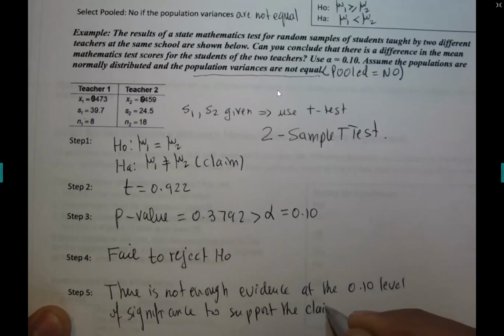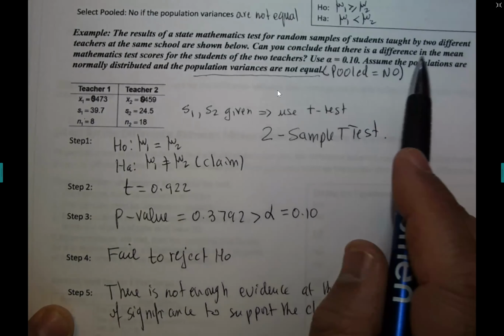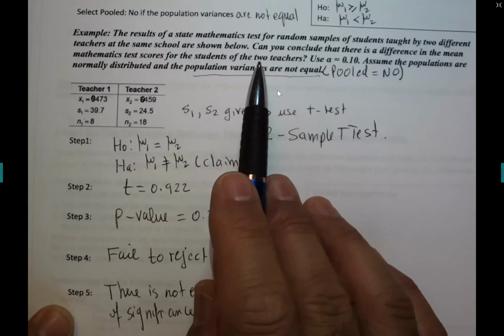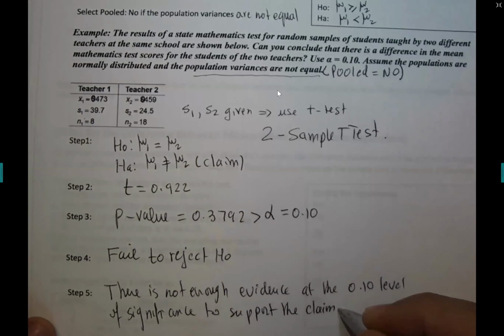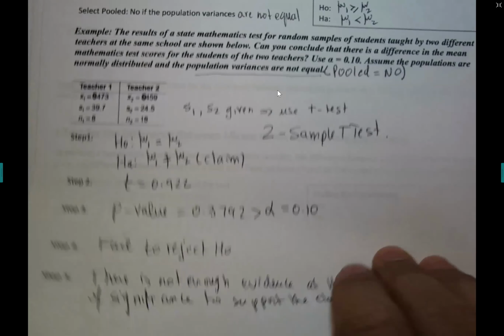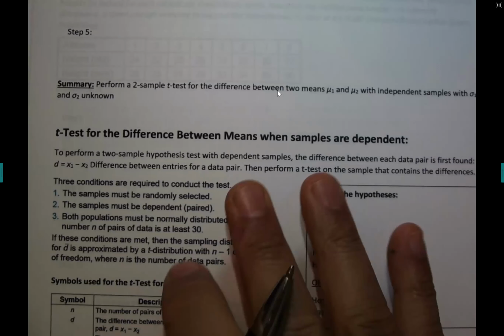Sometimes the online homework asks you to select what the claim is, that there is a difference in the mean math test scores for the students of the two teachers. Okay. So this is it. Now the next one, next example, we're going to do one more example.